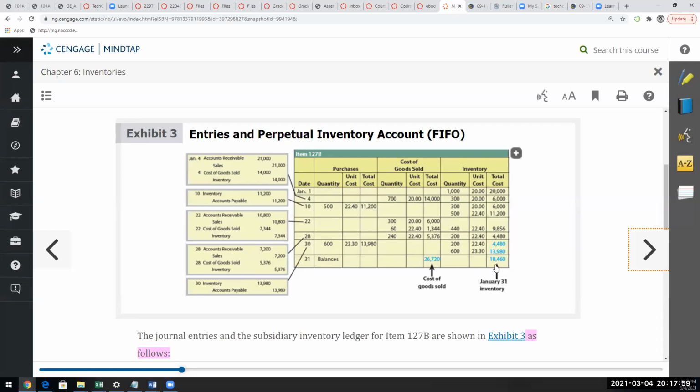So the value of my balance sheet inventory has to be 18 grand. Whereas over here, we have 26,720 because we added these 4 numbers up. The cost of the goods, we just add up this column. We didn't add up all this column because that's not the running balance. This is what the last 2 items that we have left. We only have these 2 items. But here, these are all of our costs of the goods that we sold. So we get 26,000.